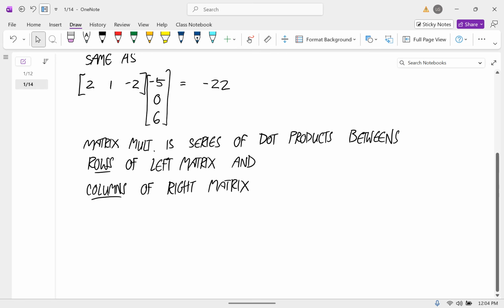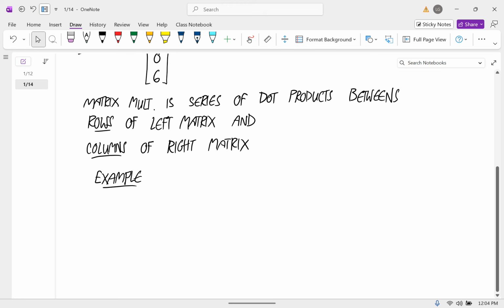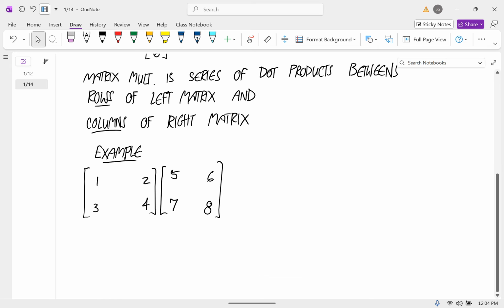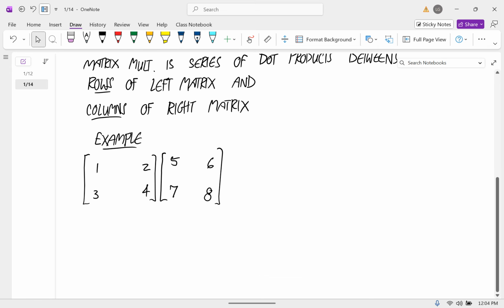Okay, so if we're multiplying the matrix 1, 2, 3, 4 by the matrix 5, 6, 7, 8, the way this works is, well, let me write this below and then I'll go up and do the calculation.